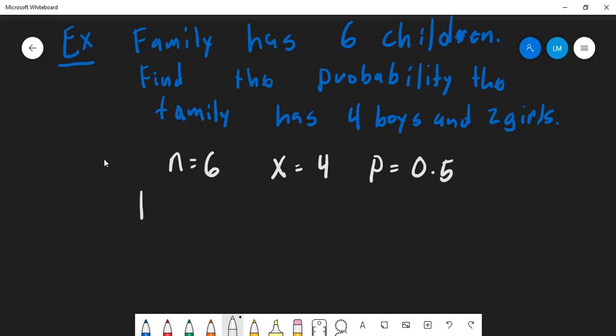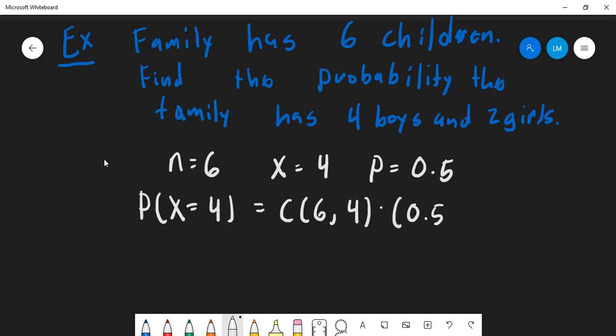So we have that the probability that x is equal to 4 is equal to 6 choose 4 multiplied by 1/2 raised to the 4th power, and then 1/2 raised to the 2nd power. Now if we do this, we'll have to find 6 choose 4 multiplied by 1/2 to the 4th, and so on.